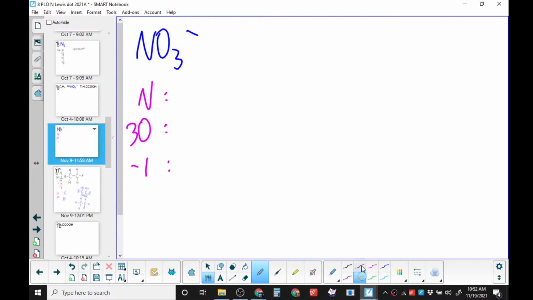Now, looking over some people's shoulders, this -1 is what I'm putting there to remind myself, if I have a -1, what do I have to do to the number of electrons? +1. How many electrons do we have from 3 oxygens? 18. And from nitrogen? 5. 5 plus 18 plus 1? 24. Now notice, almost every single time we have an odd number of electrons, the molecule ends up charged.